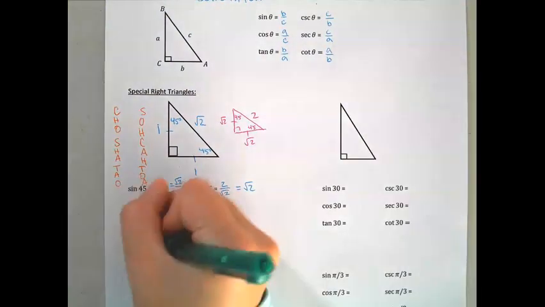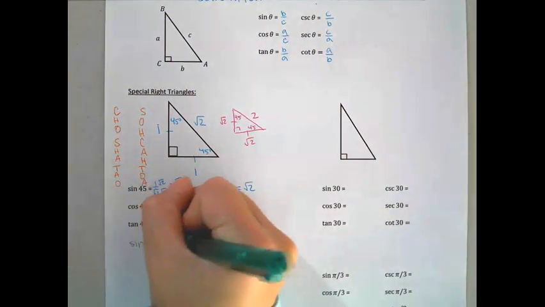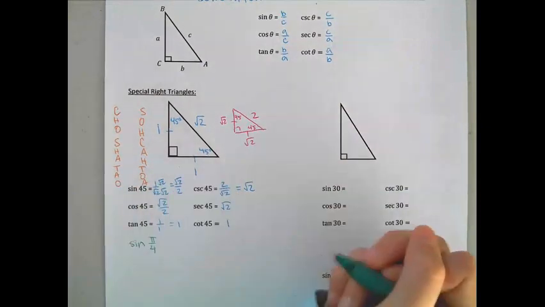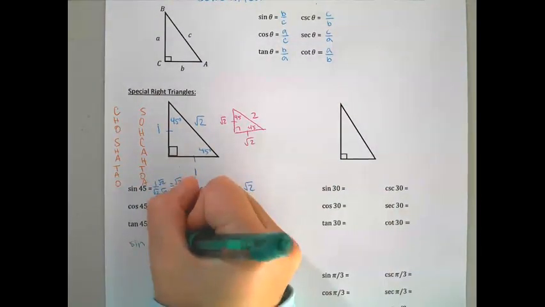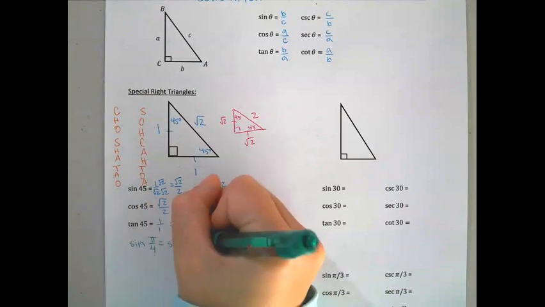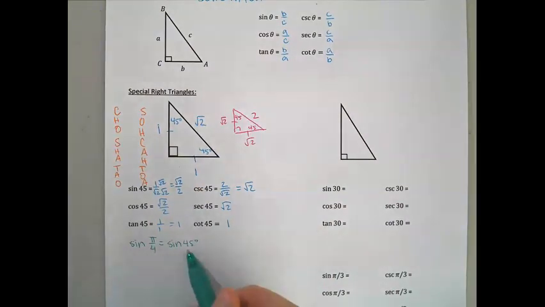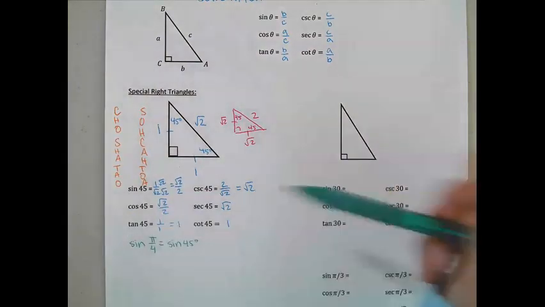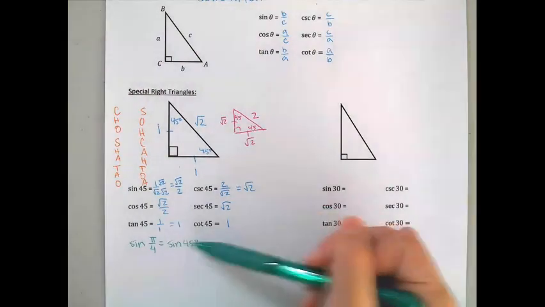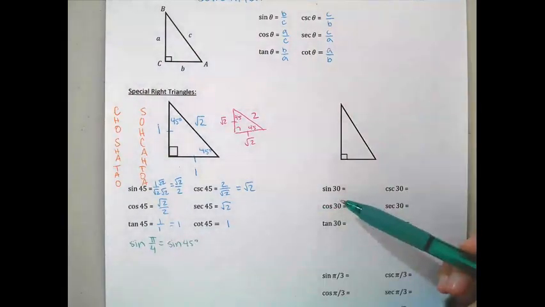If it said sine of pi over 4, sine of pi over 4 is the same thing as sine of 45 degrees. These are the same measure, but this is in radians and this is in degrees. So you are going to have to recognize that. And as we continue on, we'll talk about these special angles and what they are in radians.